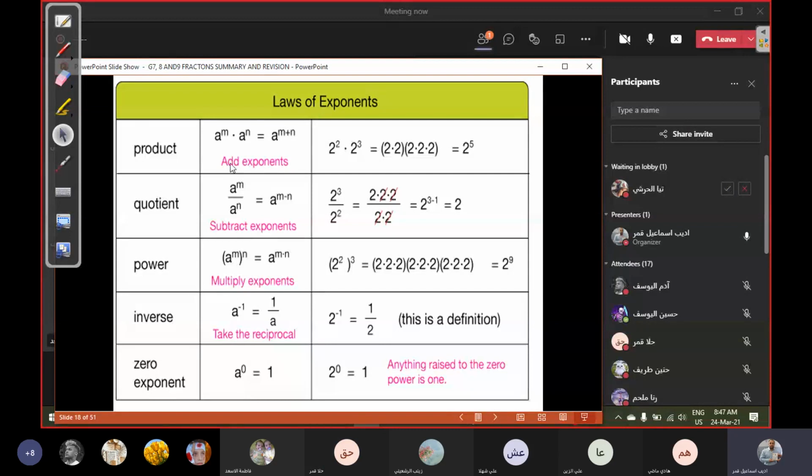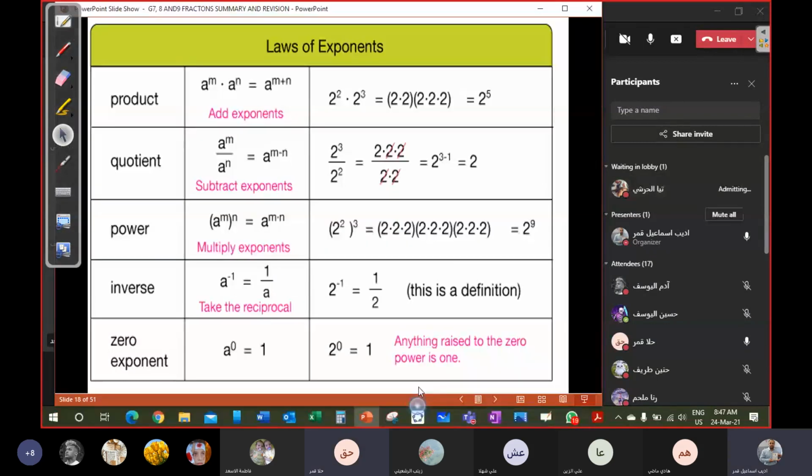We add the exponents. When we multiply two powers of the same base and different exponents, we add the powers. Okay?